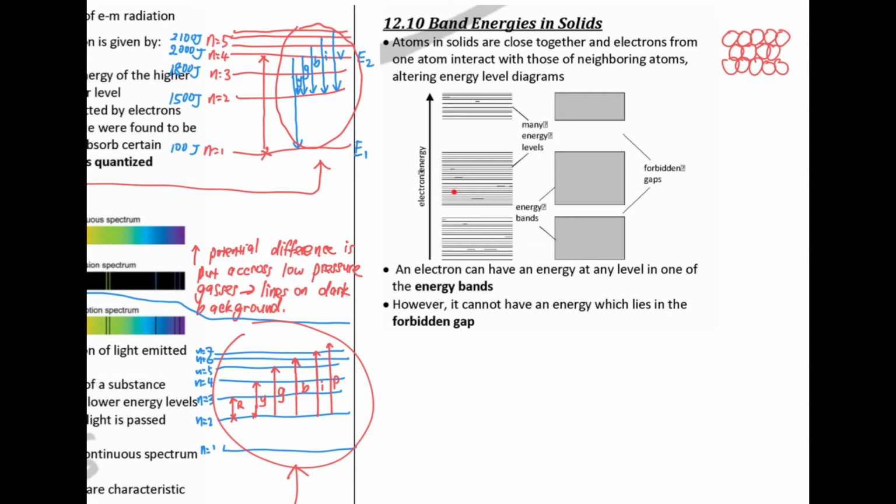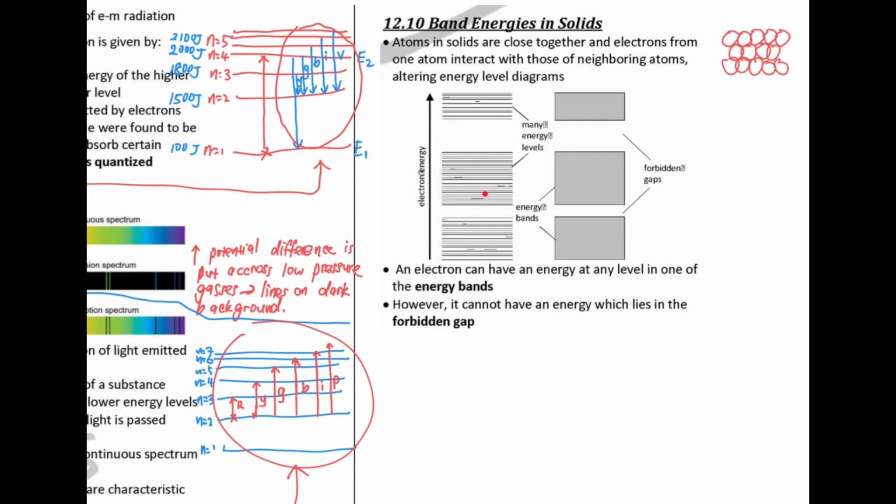After that, here there are many energy levels as well. When there is one atom, it is supposed to be like this only, but because of the interaction, they form bands here, and then there is a gap with no energy here, and then there are bands over there. So this is the second band. You can see that many energy levels interact and are very close to each other.